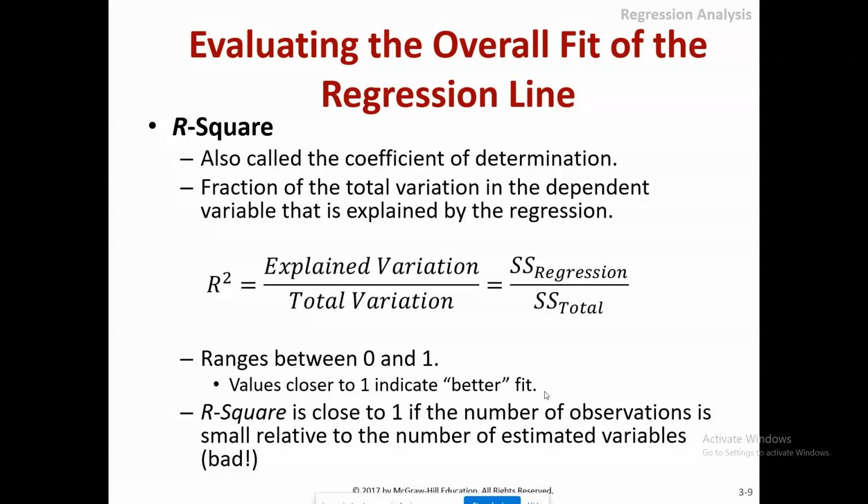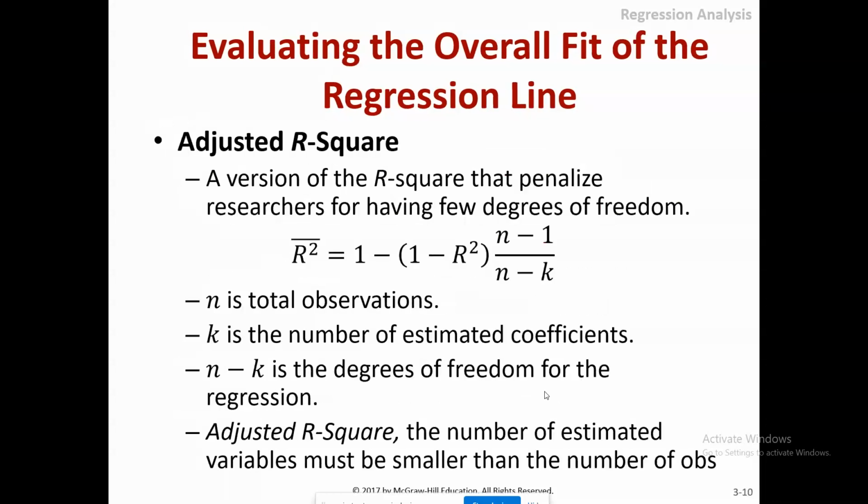So for example, you have 8 independent variables, and you only have 10 observations. This is not good. It's really not good. You want to have a much bigger number of observations than the number of variables in the explanatory side on the right-hand side.